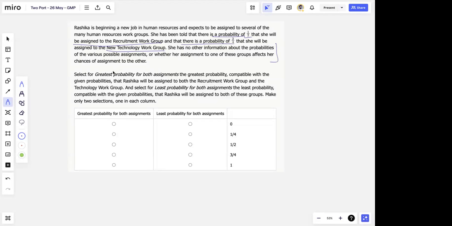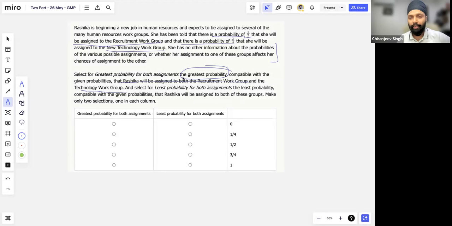So basically, we need to select the greatest probability, compatible with the given probabilities, that Rashika will be assigned to both the recruitment groups. What is the greatest possibility that she'll be assigned to both the groups, right?